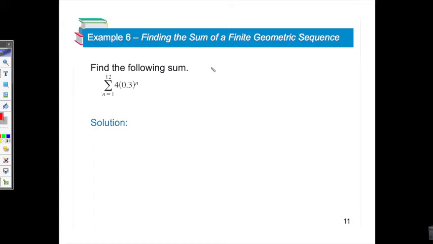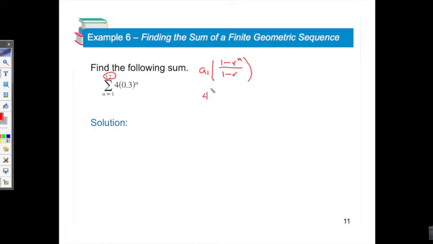And I'll use my formula. My formula tells me that I want a sub 1 times 1 minus r to the n on the top, 1 minus r on the bottom. And that's going to help me find the partial sum, particularly in this case, the 12th partial sum. That's my n value. So my first term, that's the first thing I need to do. When I put a 1 into this equation, it's just 4 times 0.3.